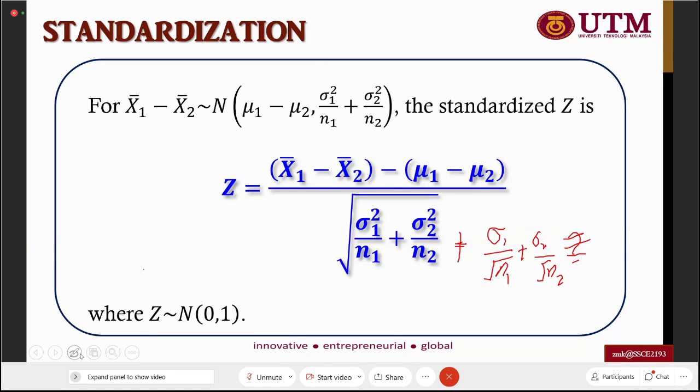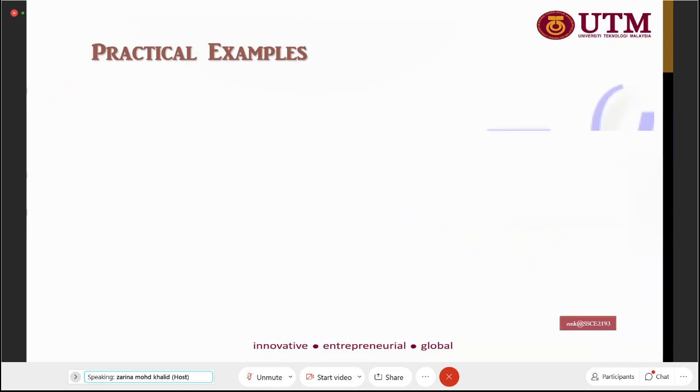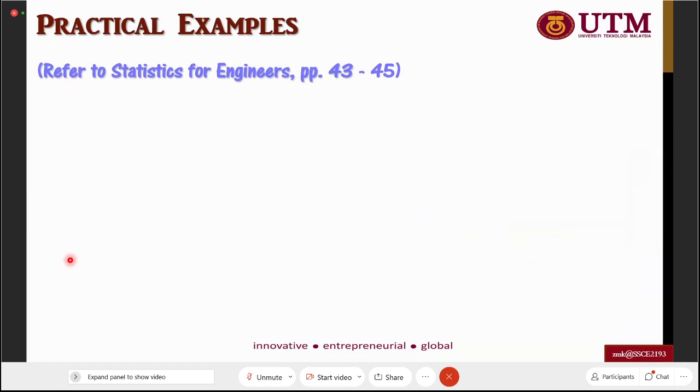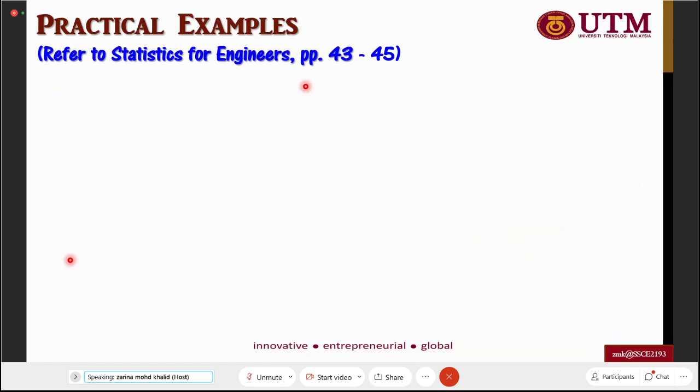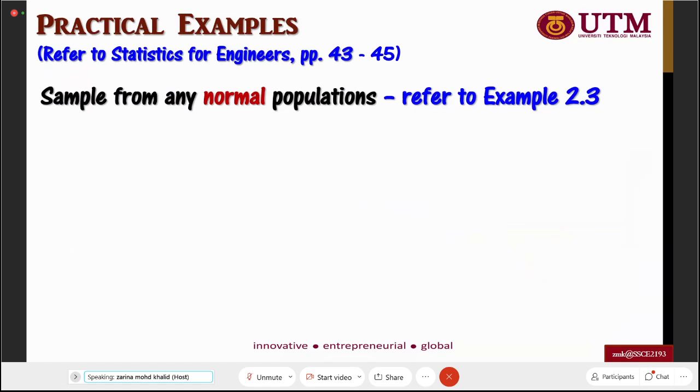All right, so let's look at what we have next. Practical examples. If you look at your textbook, you do have working examples with solutions. I'm not going to use the same example here. But if you refer to example 2.3, this is when you sample from a normal population.